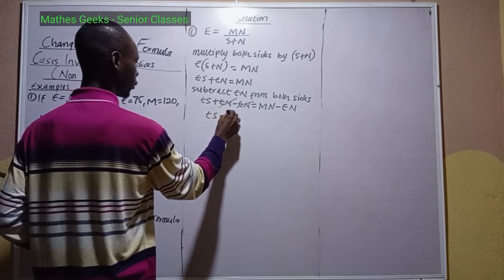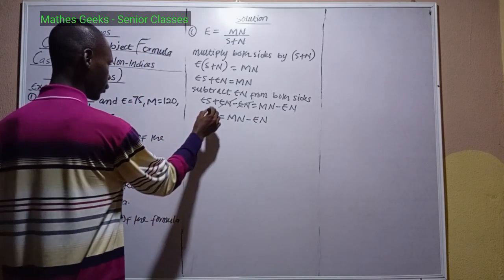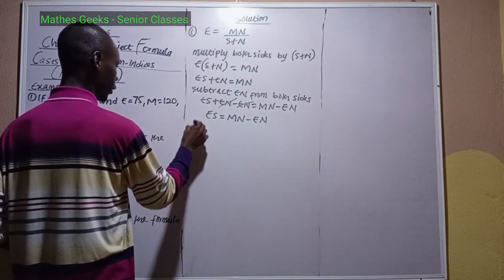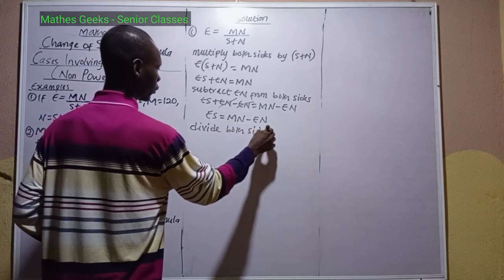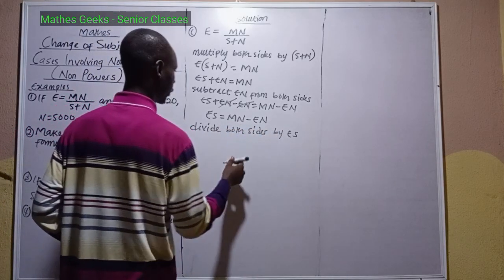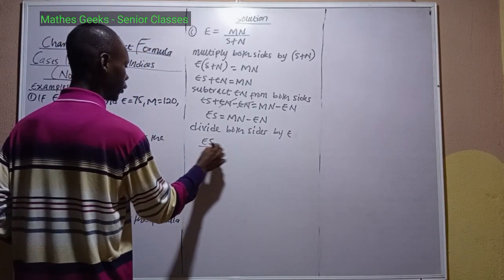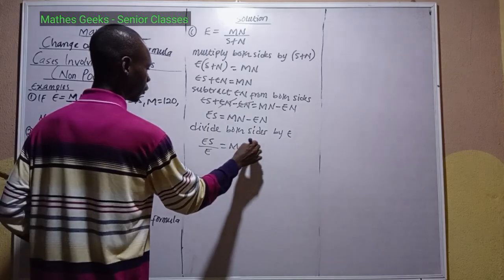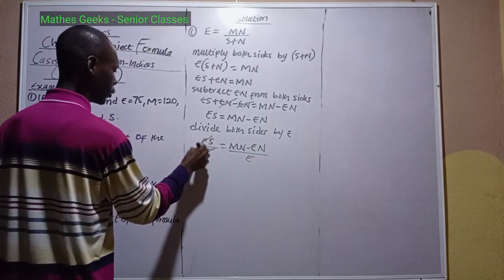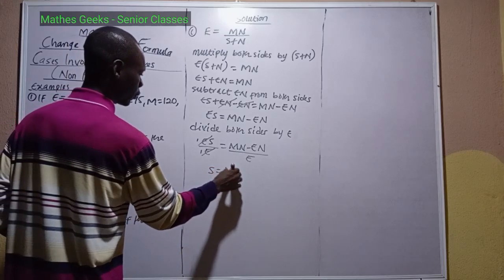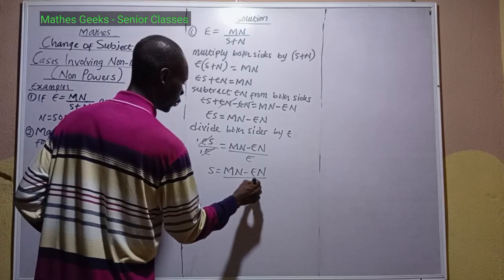E S equals N minus E N. Now divide both sides by E. E S over E, that cancels, equals N minus E N over E. So S equals N minus E N over E.